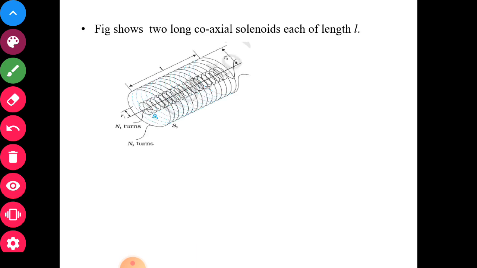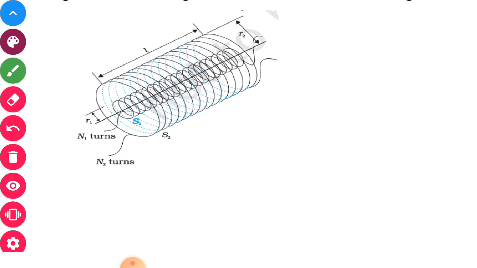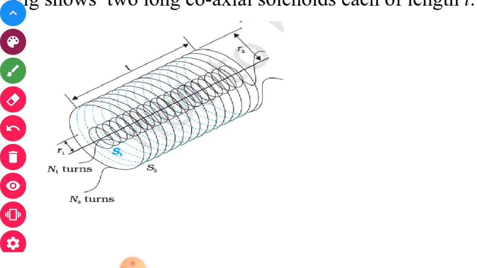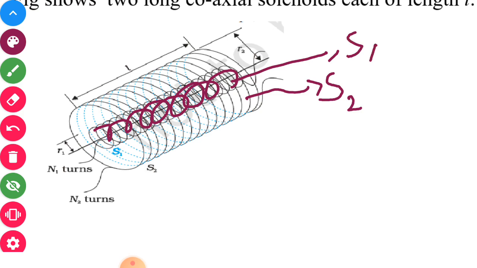Here we have taken solenoids. Instead of coils, we are now taking two solenoids. Try to understand: one smaller solenoid S1 is kept inside the second solenoid, which has a larger radius. The outer solenoid is S2 and the inner solenoid is S1.